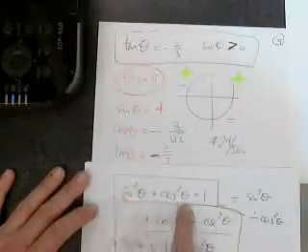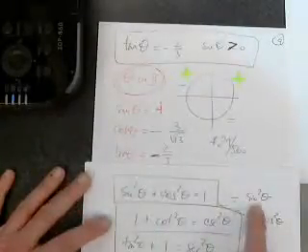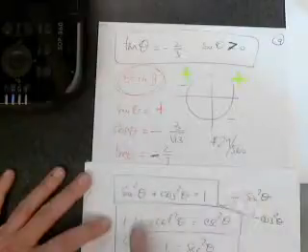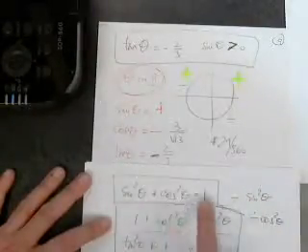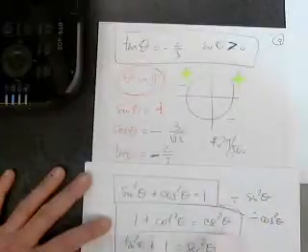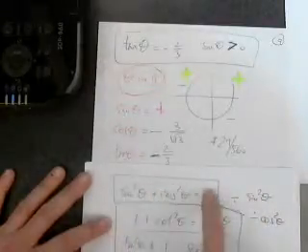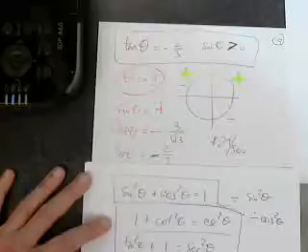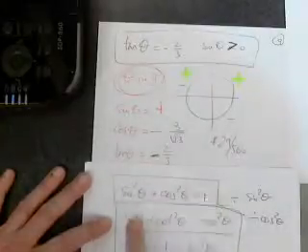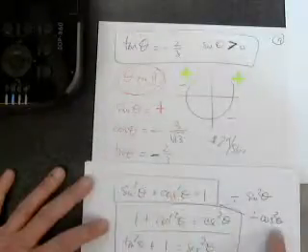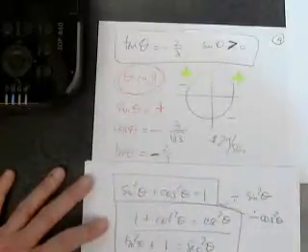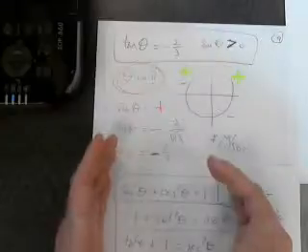From this equation, I divide both sides by sine squared. Sine squared divided by sine squared is 1. Cosine squared divided by sine squared is cotangent squared. And 1 divided by sine squared is cosecant squared. So from this identity, then you get this identity. Same thing here. If you divide both sides by cosine squared, you get this identity. So all these 3 identities go together.